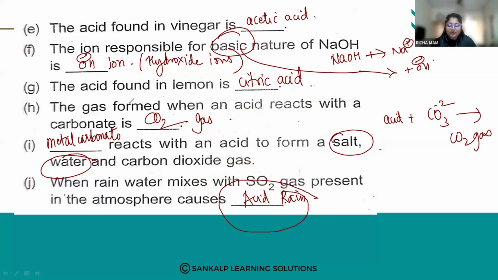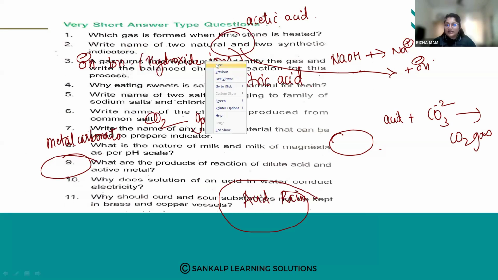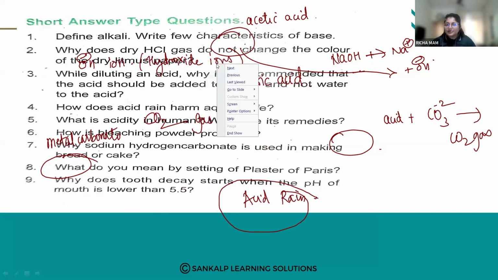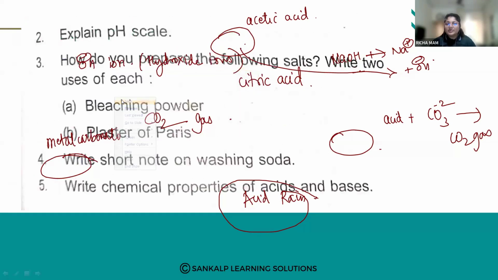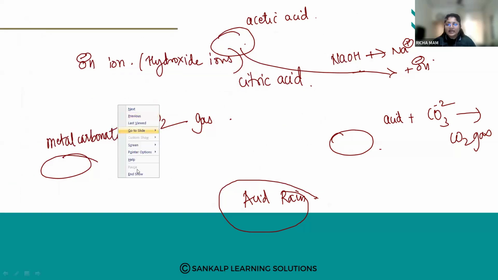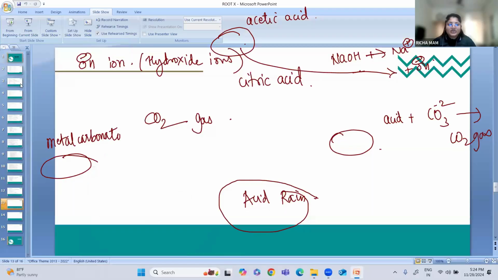So in today's session we have discussed the MCQs as well as the fill in the blanks. We have some very short answer type questions, short type questions and long type questions. These questions we'll be discussing in the next slides. I hope today's session is clear.